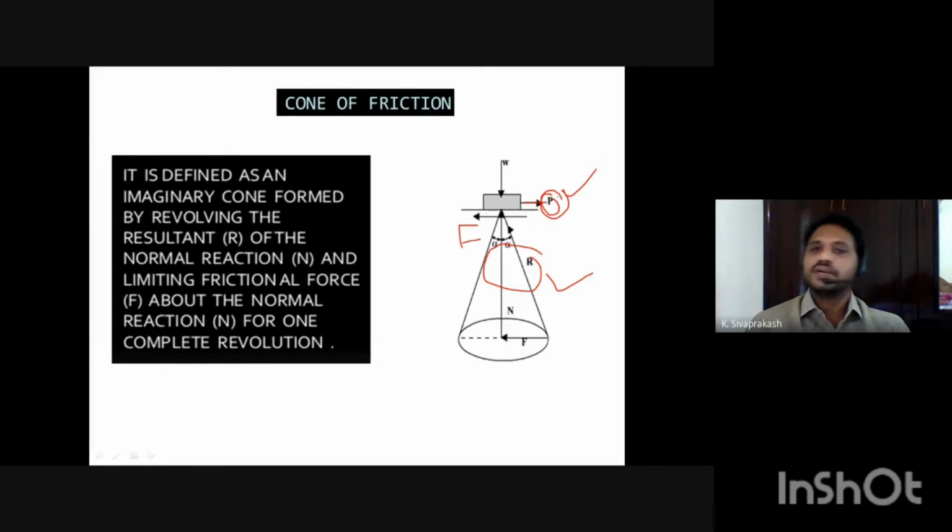But if the body is subjected to forces around 360 degrees, then the cone is formed by taking the resultants of all these frictional forces and the normal reactions. That's why an imaginary cone is formed by the resultant R. So this is about the cone of friction.